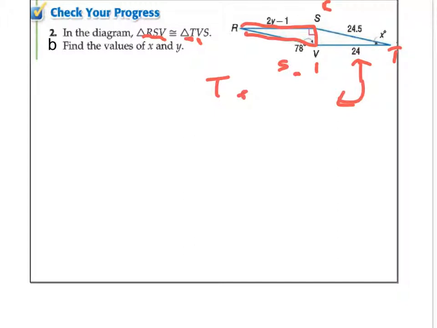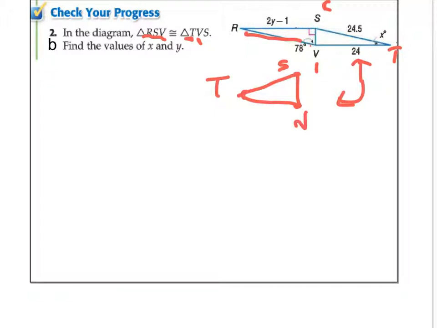And then V goes with S and S goes with V. So when you rotate these around, you get this flipped like that. It's very interesting. So now I have them rotated the same way, but you don't have to do this rotating them the same way. It just kind of helps.